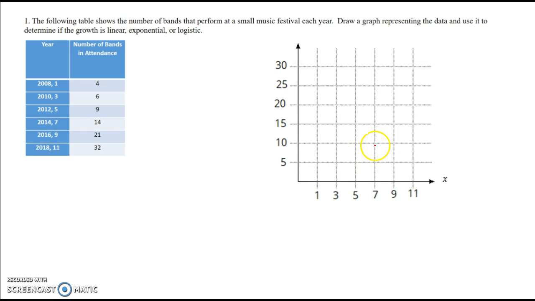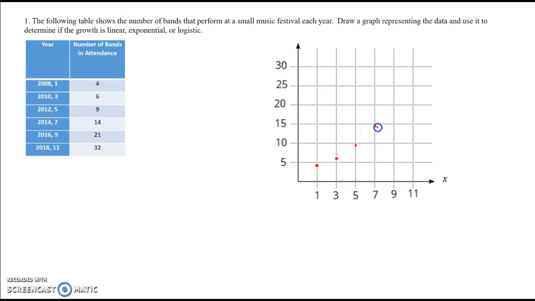So I'm going to put a dot right there. The third year I had 6 bands attend. So I'm going to put a dot there. The fifth year I had 9 bands attend. So there goes a dot. The 7th year, I had 14 bands attend.